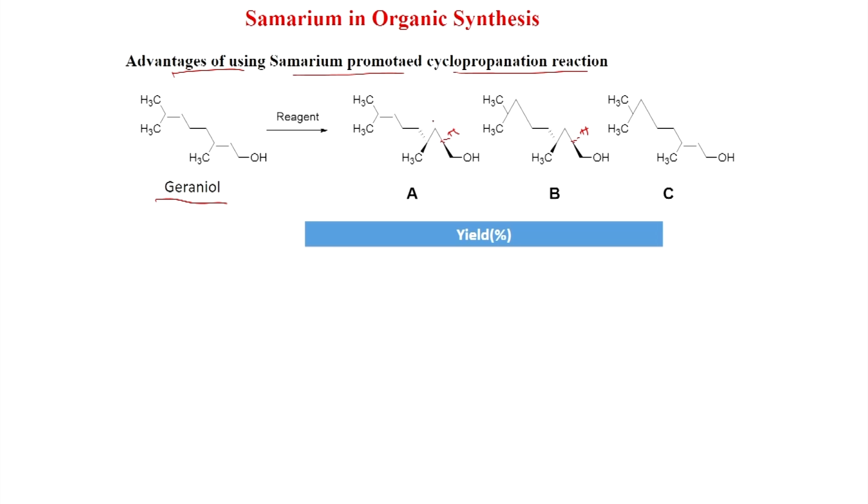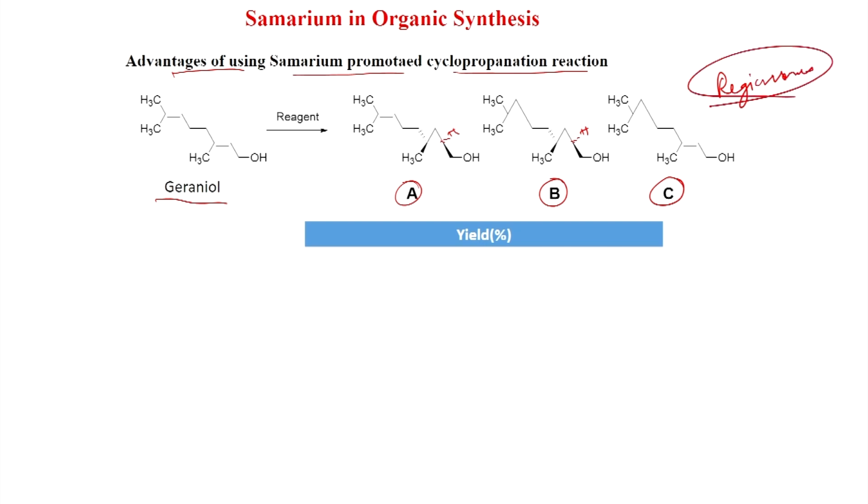One is cyclopropanation here, that is A. Another is cyclopropanation of both double bonds, then it is called compound B. And if it is here in the olefin, not in the allylic alcohol, that is also another possibility. So, three compounds can be formed.